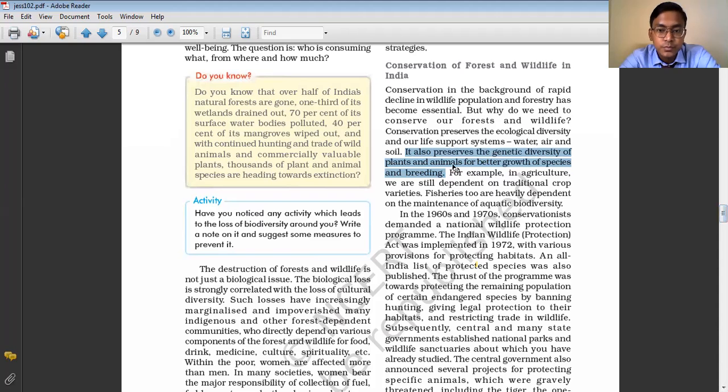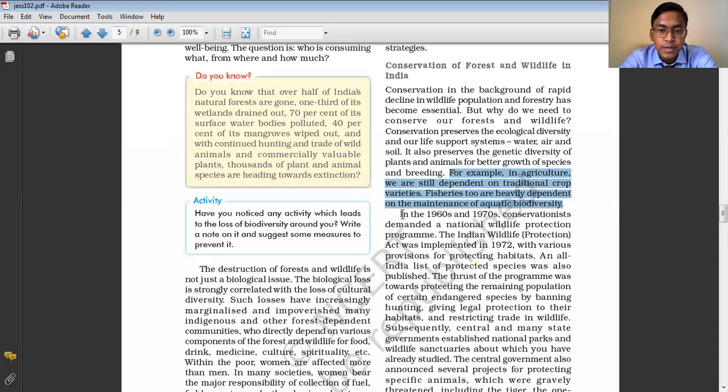For example, in agriculture, we are still dependent on traditional crop varieties. Fisheries too are heavily dependent on the maintenance of aquatic biodiversity. Though HYV seeds have come into existence, the traditional varieties of crops are still being grown in our country, because this helps in maintaining the genetic diversity in the long run.